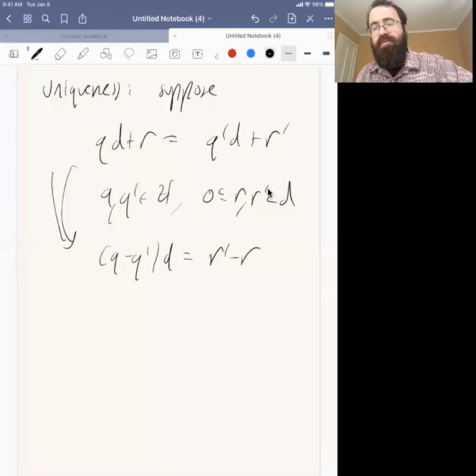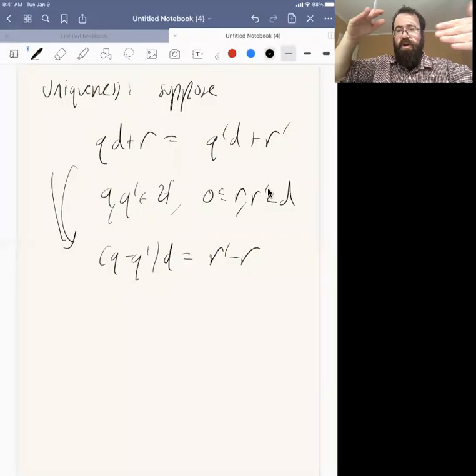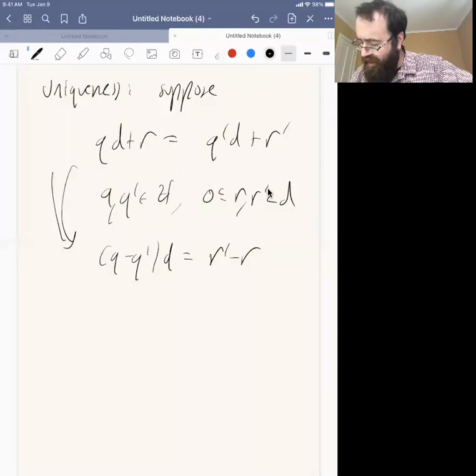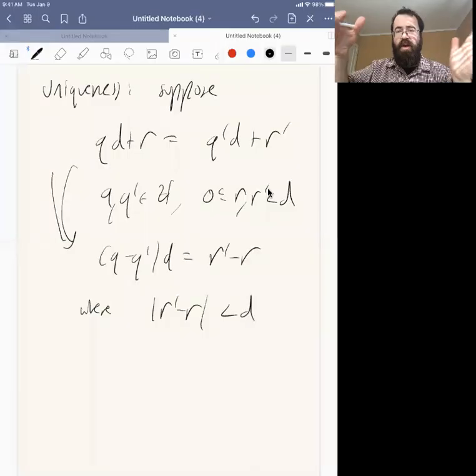So in absolute value, it's strictly less than D, because the biggest it could be is D minus 1 and 0, or 0 and D minus 1. So we have that the absolute value of R prime minus R is less than D, right? And that's just a basic fact, just comparing the sizes of any two different numbers that are between 0 and D minus 1. The extreme difference is 0 to D minus 1 itself.